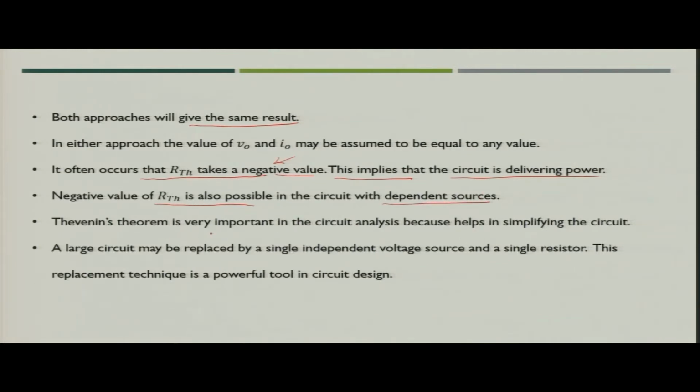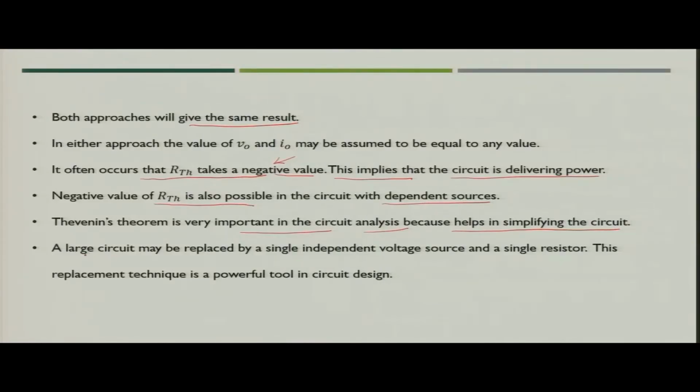Now, this theorem is very important in circuit analysis. Why? Because it helps in simplifying the circuit. Whatever larger network is present outside the area of your study, you will simply replace that network with its Thevenin equivalent, that is VTH and RTH, and you will use that equivalent circuit to analyze the circuit which is of your interest.